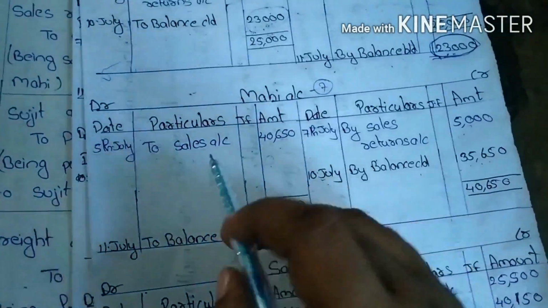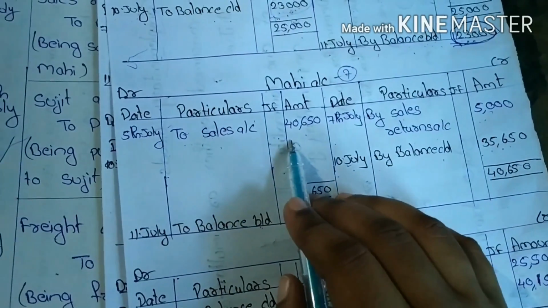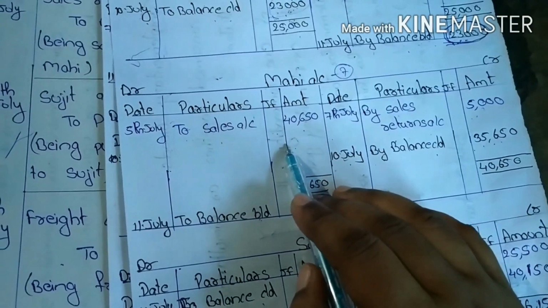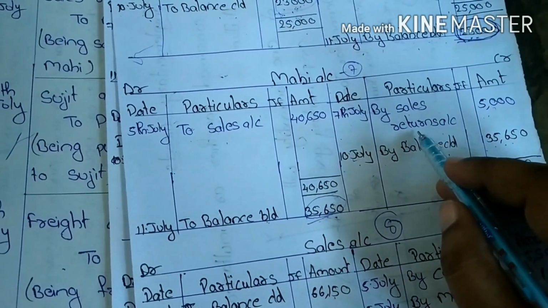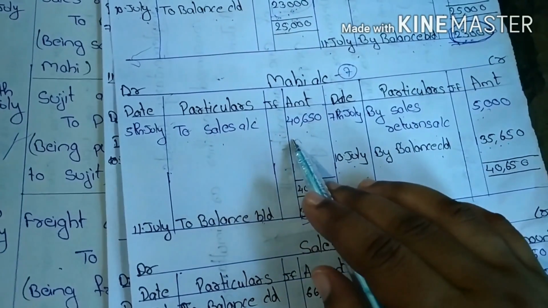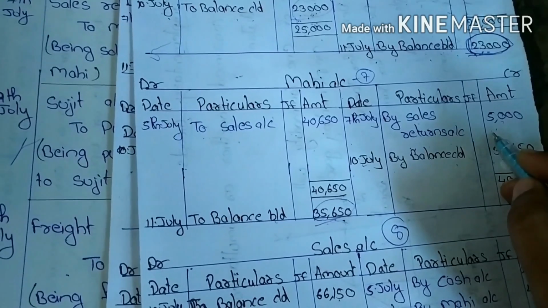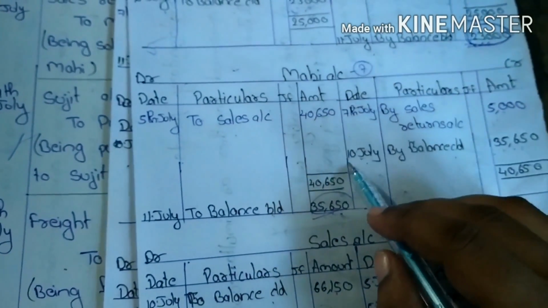So on the credit side you have to post by sales returns account 5,000. So it means the total credit sale was 40,650, and they returned goods for the amount of 5,000, and the balance was 35,650 at the end of the day.